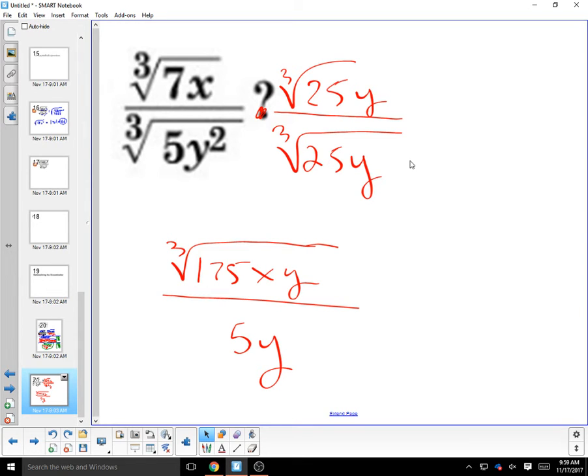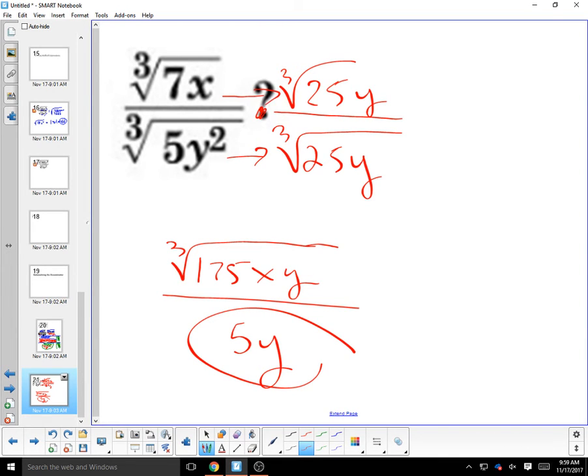Does that make sense? I'm saying, why didn't you change the top? Yeah, why didn't you change the top? Y is what? 175? No. No, the top, the red, the very top. 25y? Yeah, why? I have to multiply by this one. Remember, this times that gave me the bottom.